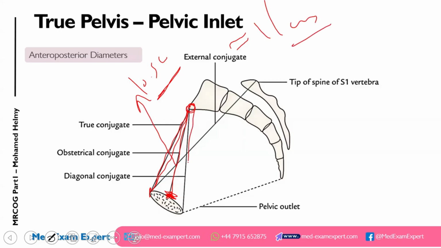The last one is the diagonal conjugate, 12.5 centimeter. It's important that this is the one which we can assess clinically. Another one is the external conjugate, and of course, this is of no clinical importance. These are the anteroposterior diameters of the pelvic inlet.